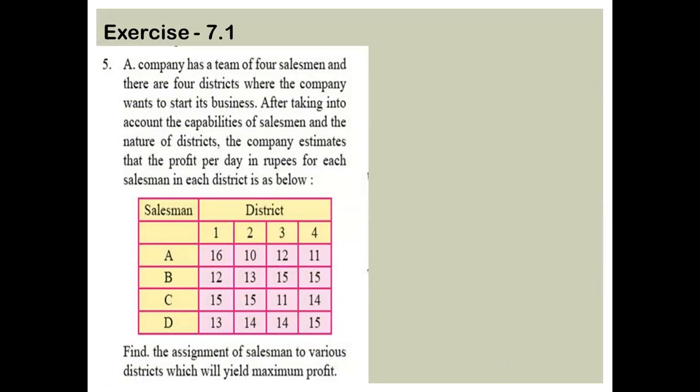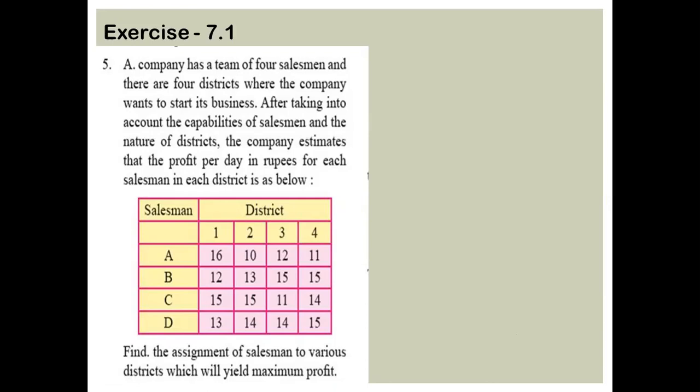Are the number of rows and columns equal? Yes, they are. What about the objective function? The objective function is to check which particular assignment of the salesman to which particular district will yield maximum profit. So class, the objective function is to maximize the profit.